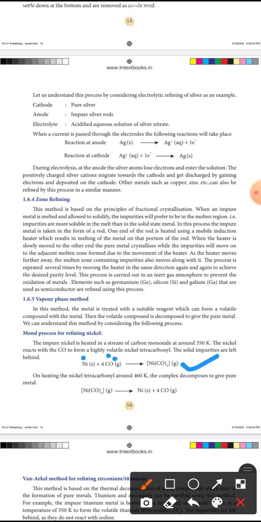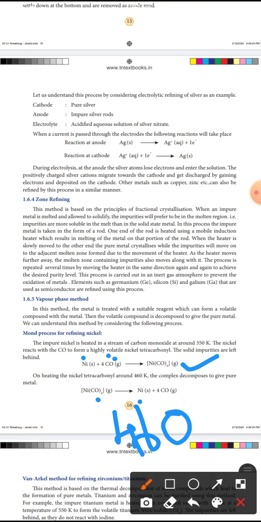The solid impurities are left behind. Then, on heating the nickel tetracarbonyl at around 460 Kelvin, the complex decomposes to give pure nickel.